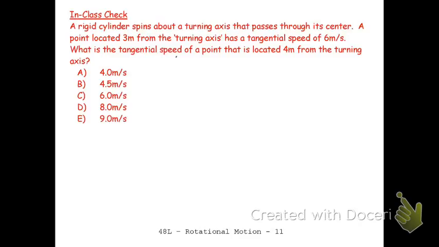A rigid cylinder spins about a turning axis that passes through its center. So there's my axis. We usually call our axis O. A point is located 3 meters from the turning axis, so let's make that 3 meters. And tangential speed is 6 meters per second, so let's put this down as V tangential equals 6 meters per second.